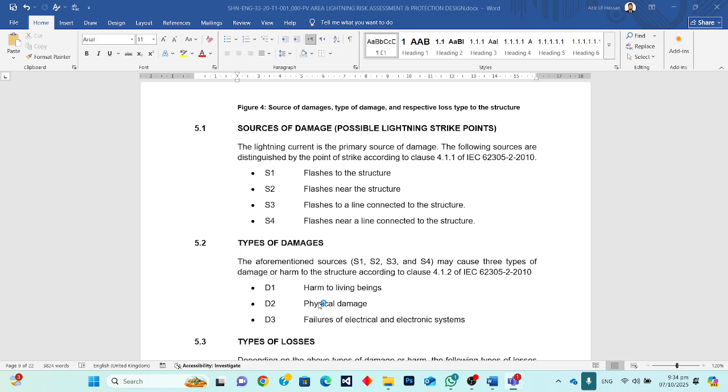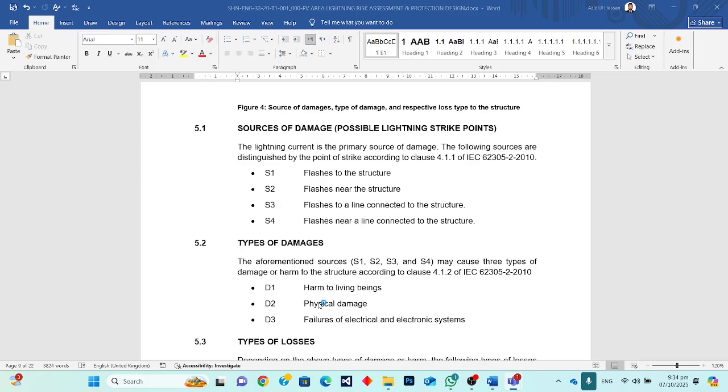The second damage is physical damage, to the structure and other things. And the third is failures of the electrical and electronic systems due to those flashes.